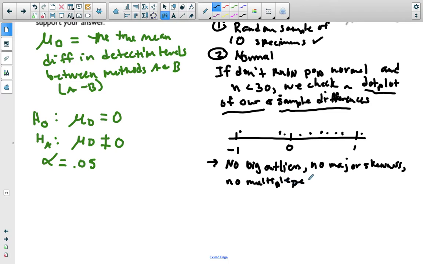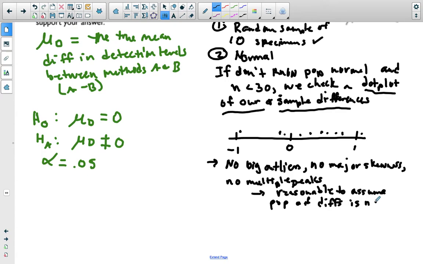So what does this mean? It means it's reasonable to assume the population of these differences is normal. It's reasonable to assume it came from a normal population.